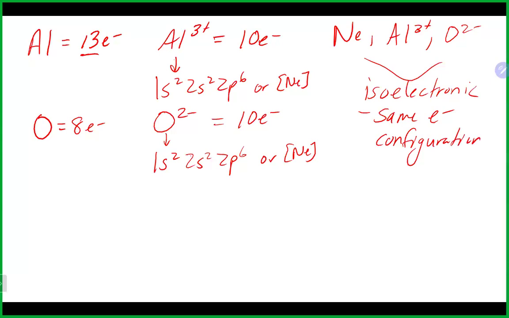And that is typically what happens with our representative elements when they gain a charge. The guys on the outside, not transition metals, the non-metals and metals, typically end up with an electron configuration like neon, which is a noble gas.